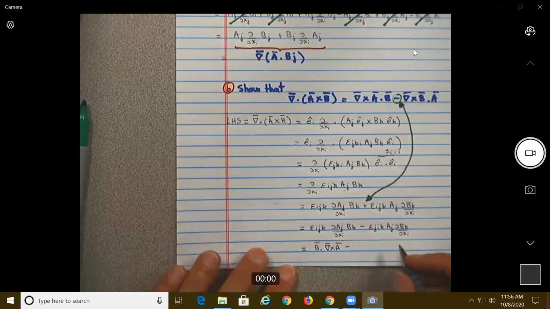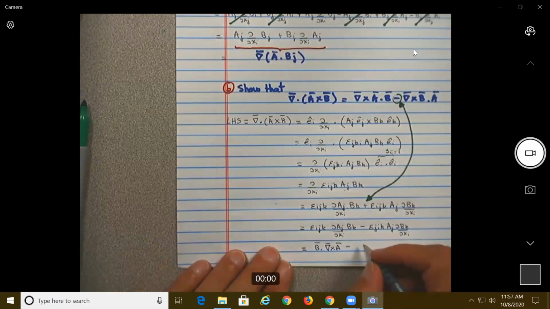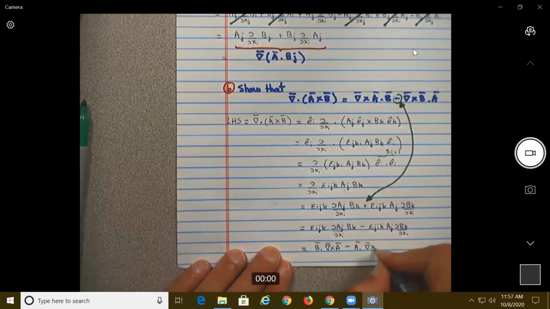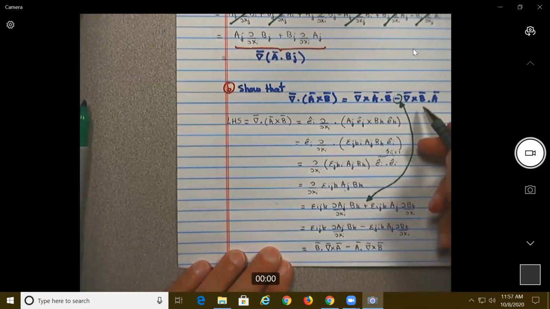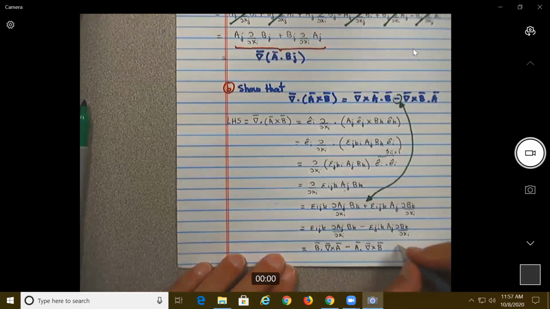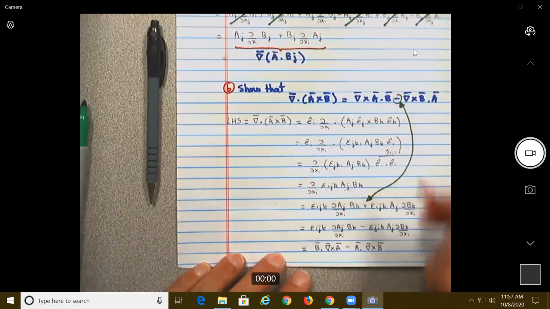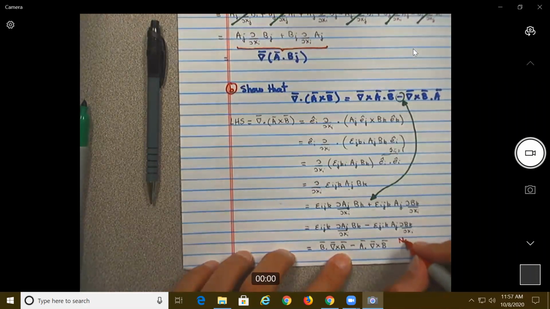I should have minus the A dot del cross B, okay? Which is what we have here, but I'm going to put over here not a very good proof.